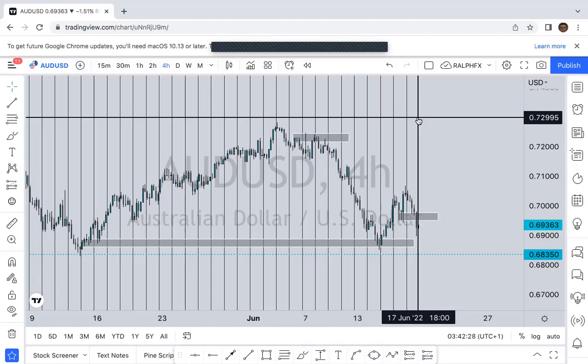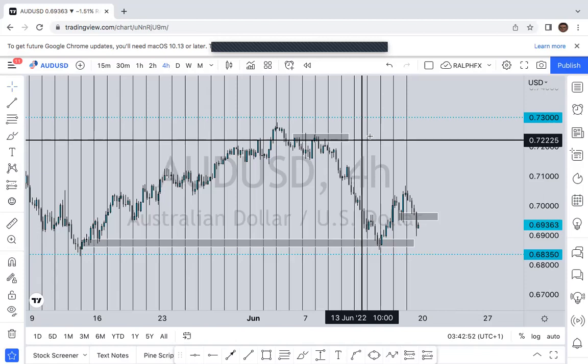For a pair like AUD/USD, it could be less active in the London session. It's always very active in the New York session. Sometimes it might be active in the London session as well, and might move very well in both, but most of the time, it's going to be very, very active in the New York session.